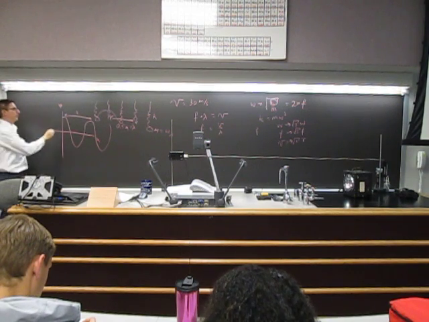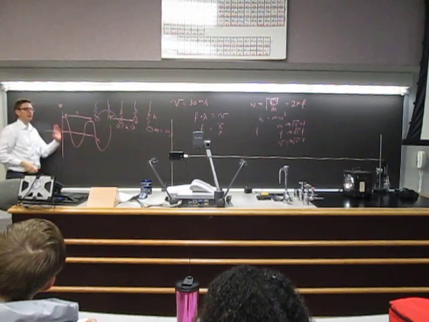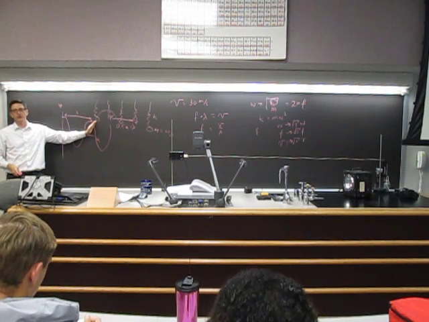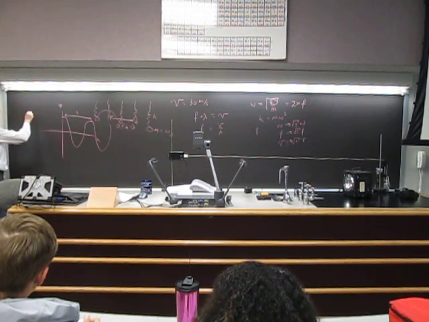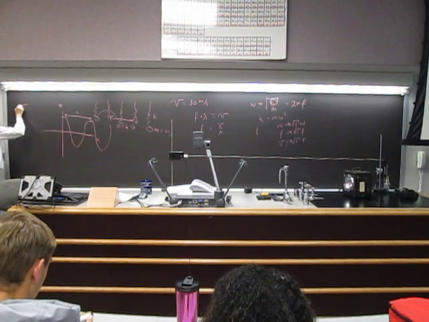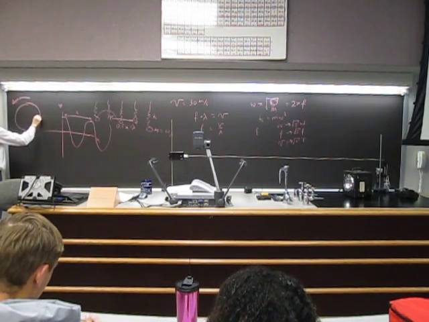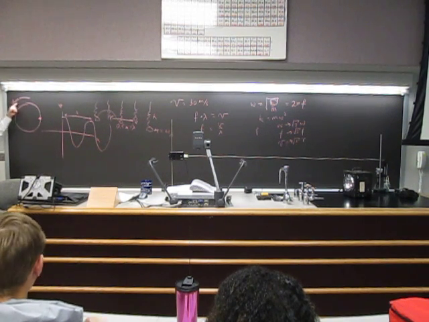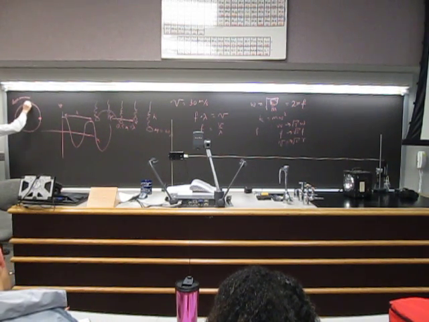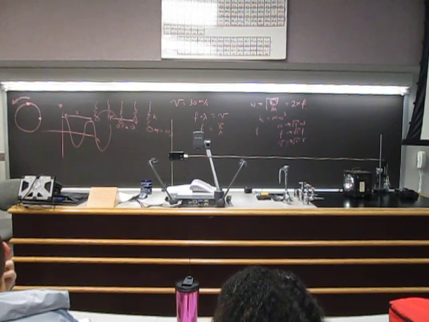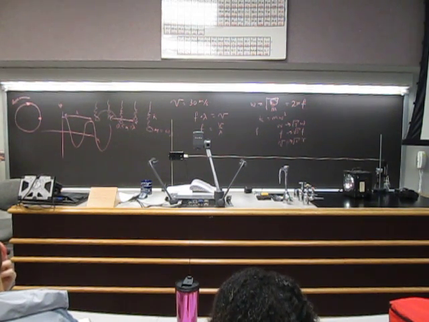The phase difference between here and here is basically the angle in radians for an equivalent circle that's rotating. If this is the y position on a circle that's rotating, if I look at a little point here and then look at the y position of it, as it goes one full turn around, it changes by 2 pi radians.